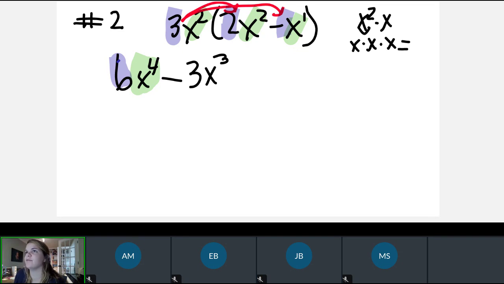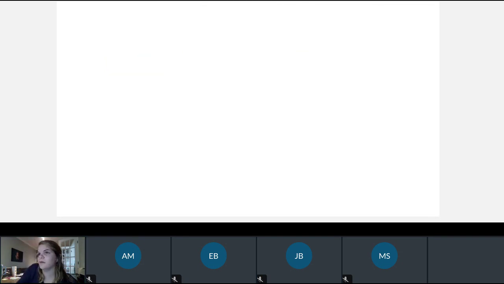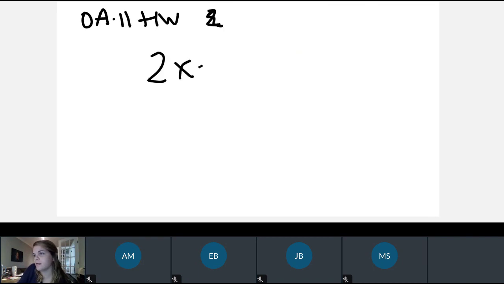2x times 5x. So Destiny, the first thing you're going to do is multiply the coefficients. So what is the coefficient number that you get? 10, very good. And then what is x times x? We just talked about this in the previous problem.